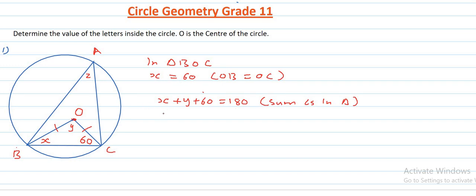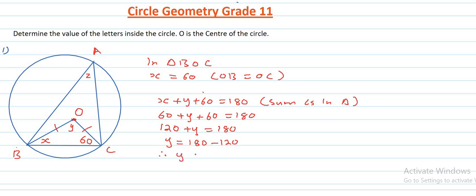We substitute: 60 plus Y plus 60 equals 180. 60 plus 60 is 120. 120 plus Y equals 180. Then we transpose 120 to the right-hand side. Y will be 180 minus 120. Therefore, the value of Y is 60 degrees.